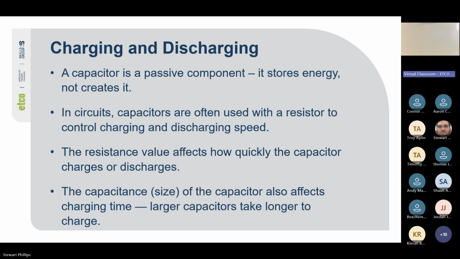So we're going to talk a little bit about reactance later. So what we're saying is it's passive as in it does not create energy and that it cannot create any more energy. It just stores the charge and holds it. There's no other effects at work.